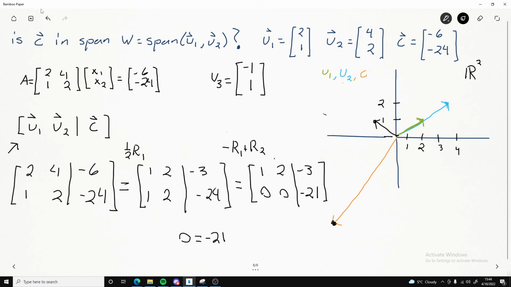So we could do minus u2, and then you do minus u3, and then minus u2, and then you could do like 1/2 u3.